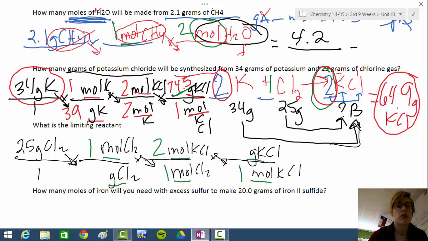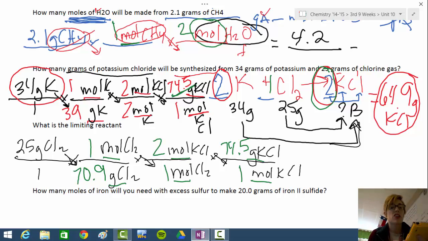It's right here, 74.5, so I just get to reuse that. Yay! But the molar mass next to chlorine I have to calculate, so it's 35.453. But how many chlorines do I have? I have 2. So you've got to multiply it by dos, or 2 if you're not bilingual. And then you get 70.9 grams of chlorine. Now I'm going to plug and chug those numbers in my calculator.